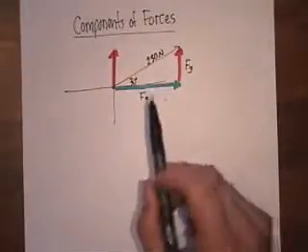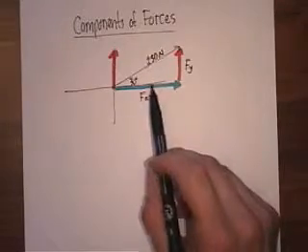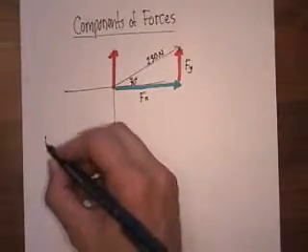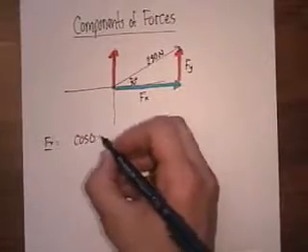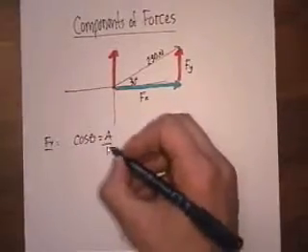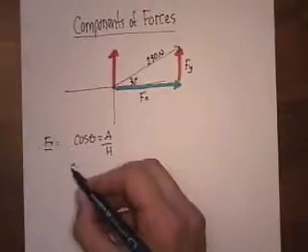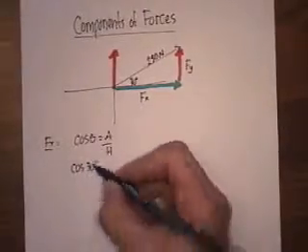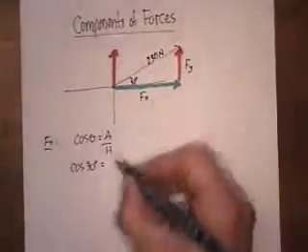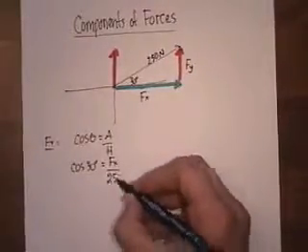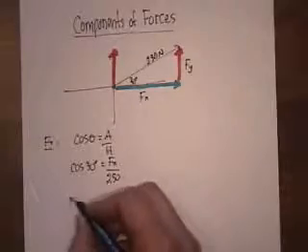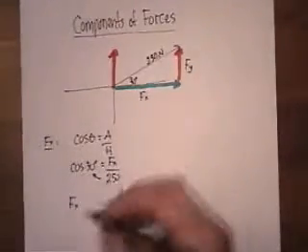It's a right triangle. I'm using trig. This is the adjacent side. So for my force in the x direction, I'm going to go cosine of theta is going to be adjacent over hypotenuse. So that means that cosine of this 30 degrees is going to be equal to my adjacent, which is fx, and my hypotenuse, which is 250. I'm going to solve that for fx, which means I'm going to cross multiply this.